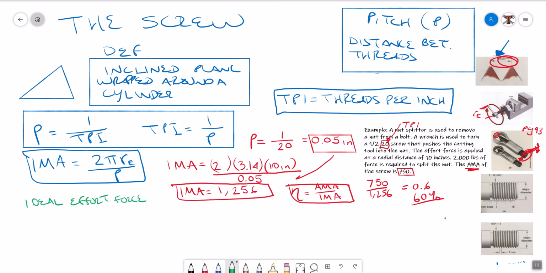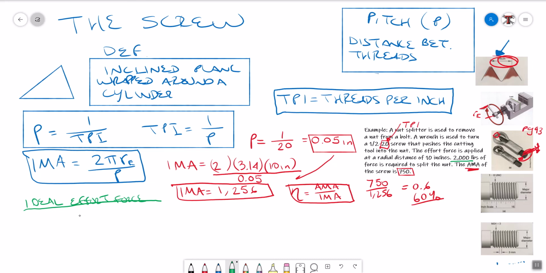So we have a huge mechanical advantage with the screw. And something that is really going to illustrate that is when we go to calculate what is called the ideal effort force. The ideal effort force is going to be what is it that we're going to have to put in on our own with our own hand. This particular problem says that we need 2,000 pounds of force to split the nut. Well, we're not going to be able to do the 2,000 pounds by hand, but we can increase our mechanical advantage by 1,256 times. That's the ideal, right?